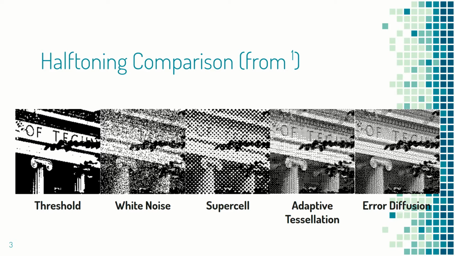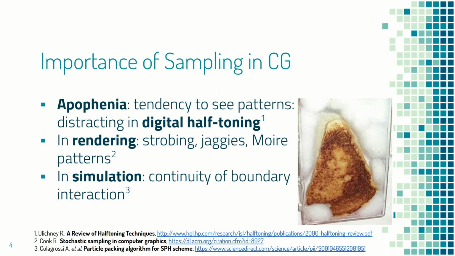That's the figure on the far right, which gives the best results in comparison with functions which use either white noise or regular grids. This is a technology that's used in printers today. It also means that we use less ink in our printers by using dots.